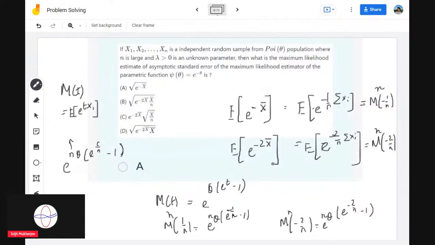Variance of... I did something wrong. Expectation of x bar, whole square. Just give me a minute.